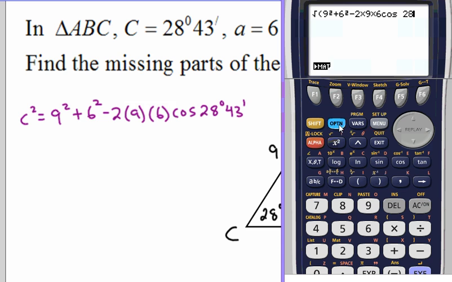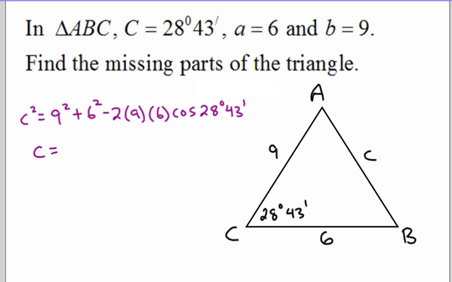To get degrees, I go option, angle, F4. There's side C, 4.7205. So we're going 3 decimal places: C is 4.721.